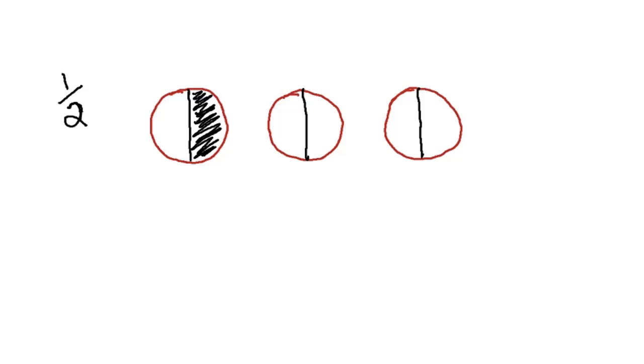The reason we can divide these pizzas into halves is that halves mean two pieces in one. If you notice, there's one piece of pizza and two pieces of pizza because we divided this pizza into halves. So there's two total pieces.